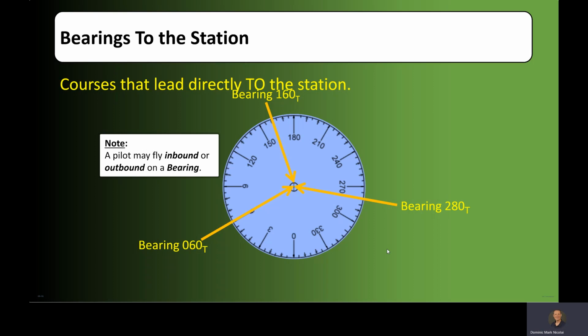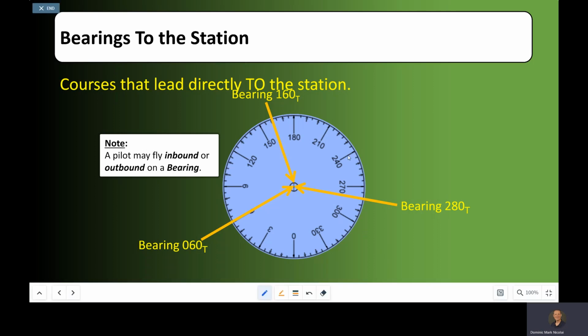So if I was on the northwest side of the station and I'm facing 160 degrees and I start walking, I'm going to make it to the station. Or if I'm on the southeast side and I'm facing 280 degrees and I start walking, I'm going to make it to the station.